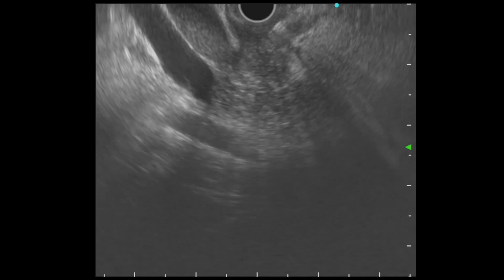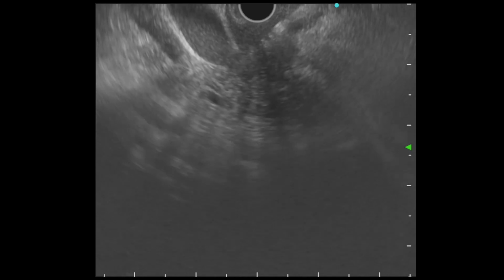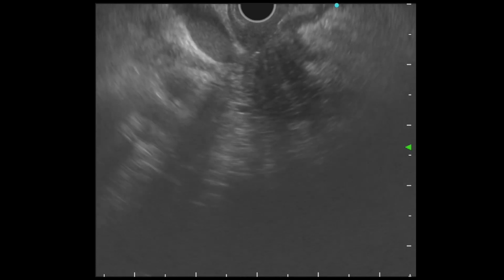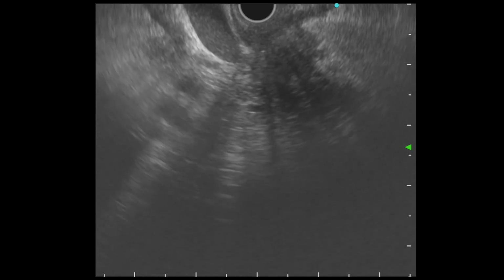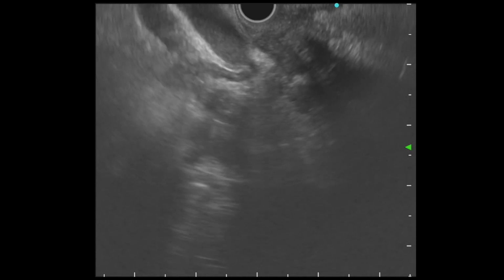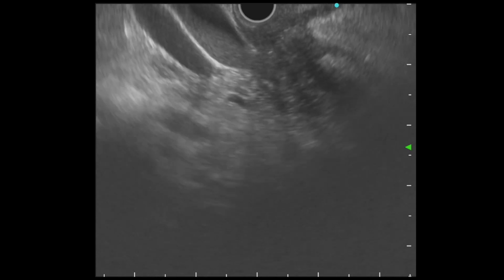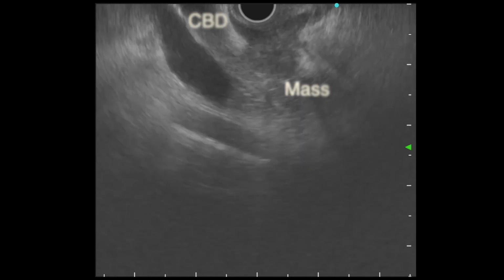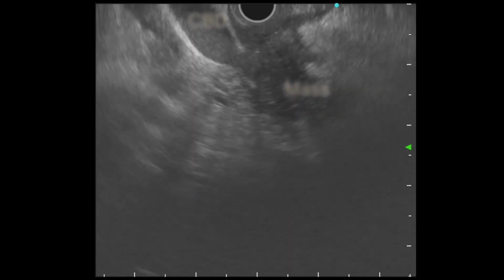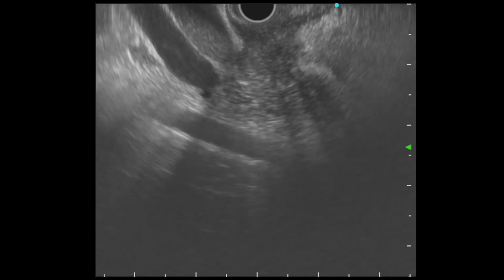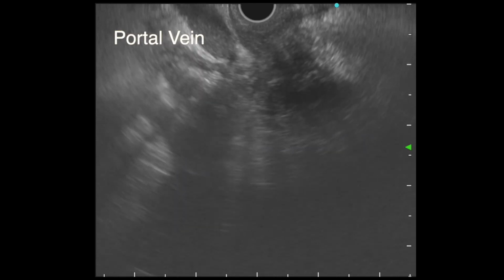I have worked in the last 6 months with a cytologist who is on site and who evaluates the adequacy of the specimen, because in patients with a pancreatic mass, sometimes there is fibrosis, sometimes there is necrosis, so I want to be certain that my material is sufficient for diagnosis.